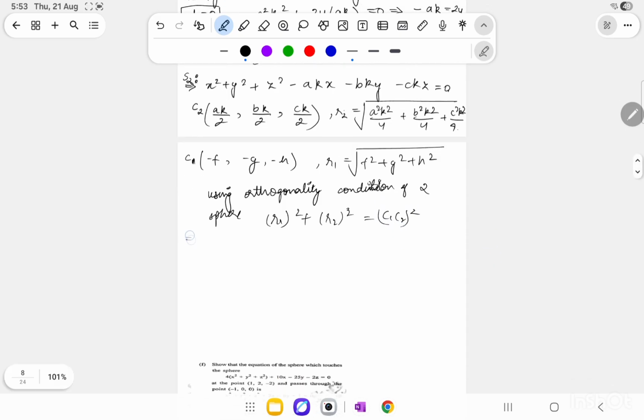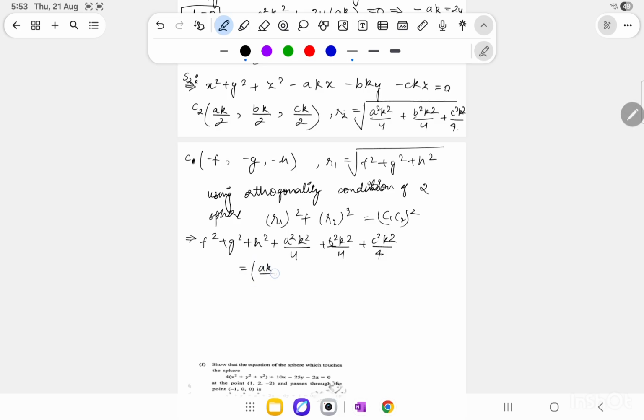So if I substitute values here, I'll get R1 square as f square plus g square plus h square, R2 square as a square k square by 4 plus b square k square by 4 plus c square k square by 4, which is equal to, since I have coordinates of C1 and C2, I can just find the distance between C1 and C2 using the distance formula.